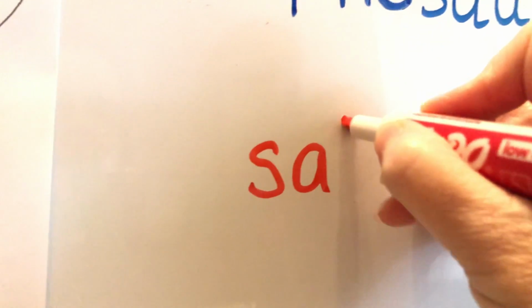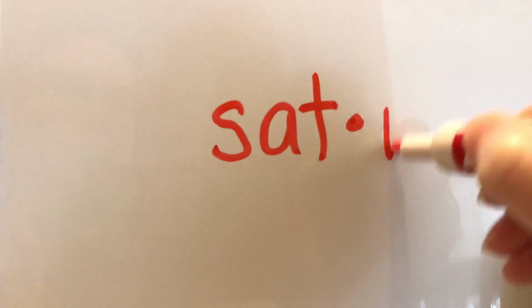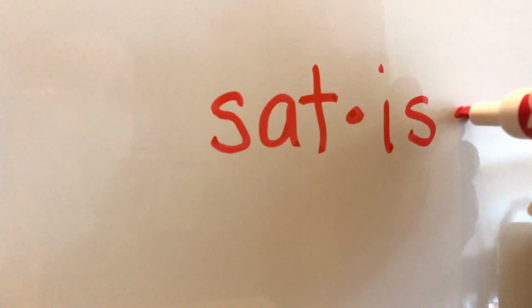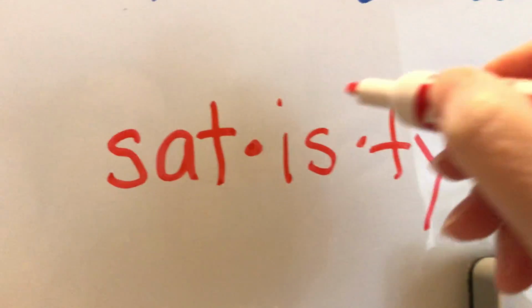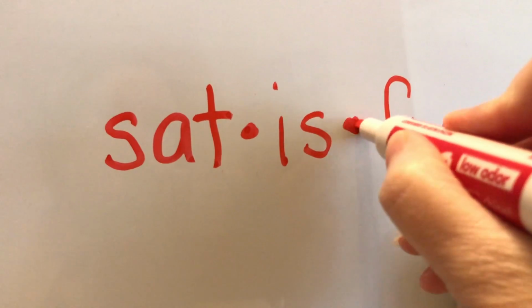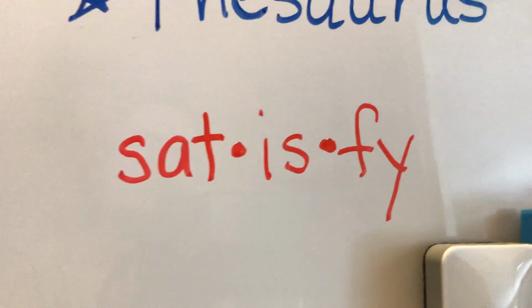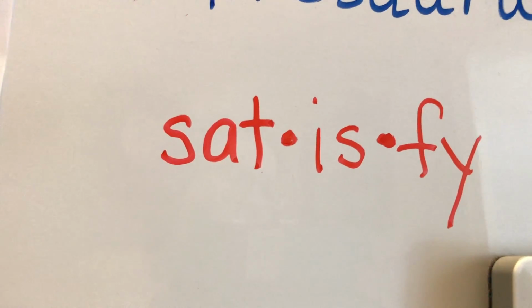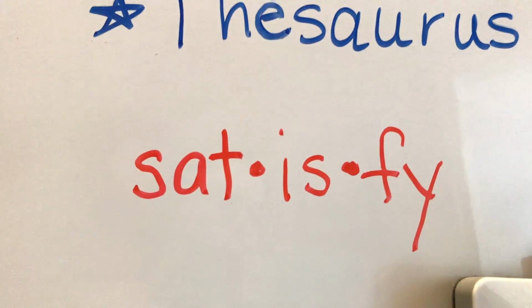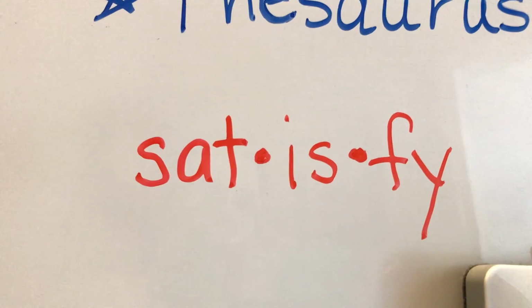So they have sat dot is dot phi. So why do you think they have these dots in between there? Do you think it's for the syllables? Do you think it's to tell what language it comes from? Do you think it has to do with the parts of speech? Or do you think it's the word's meaning?